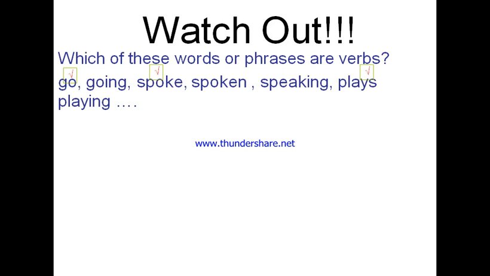Go, spoke, and place. When these appear in sentences, they can be considered complete verbs. However, the rest, going, spoken, speaking, playing, which are the past participle or the present participle, that is the ing form, can't be considered verbs unless they are preceded by helping verbs.